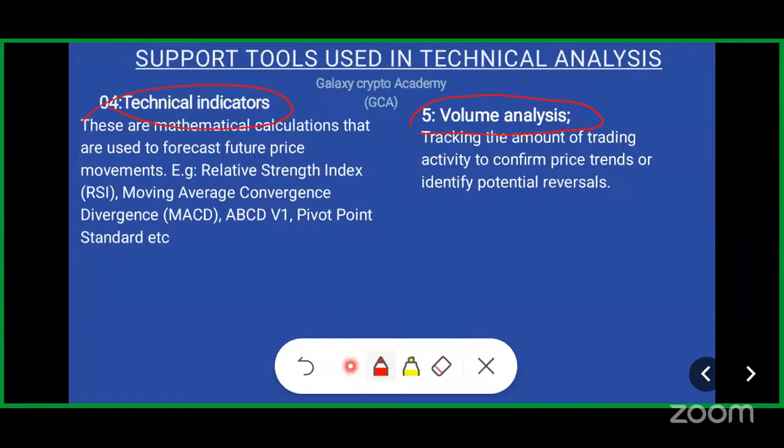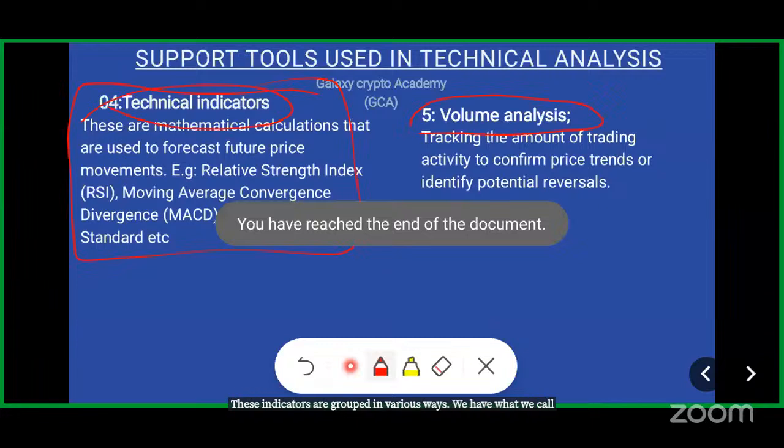Now, ladies and gentlemen, as of today, I want us to look at this fourth part, the technical indicators. And that is the part we're going to look at today. Okay? All right. So, on the technical indicators, we have indicators grouped in various ways.